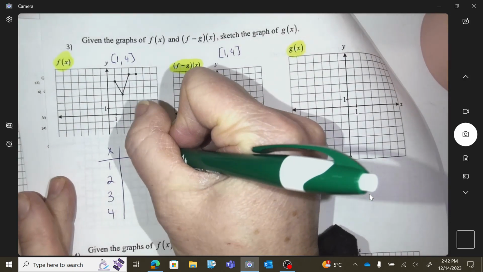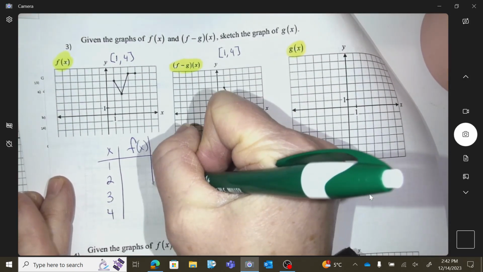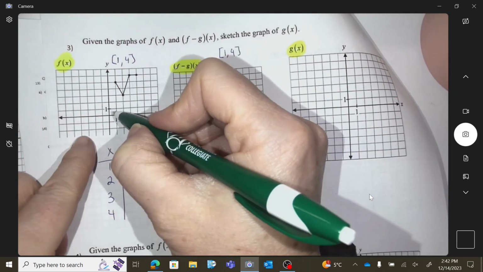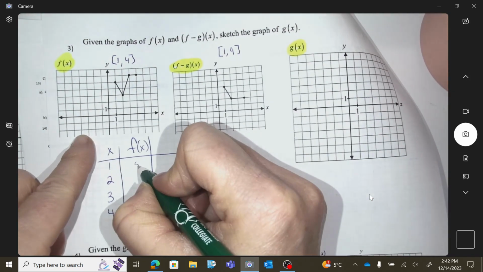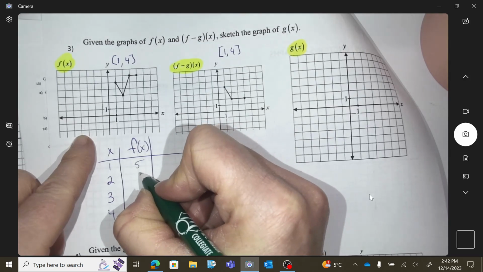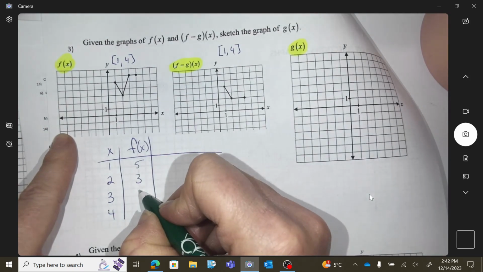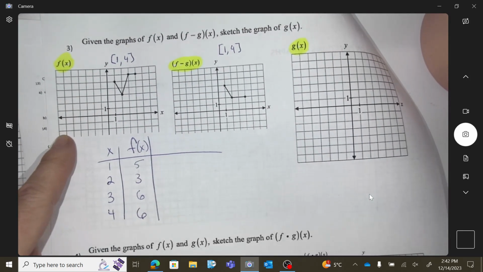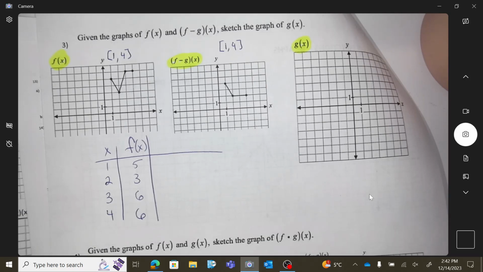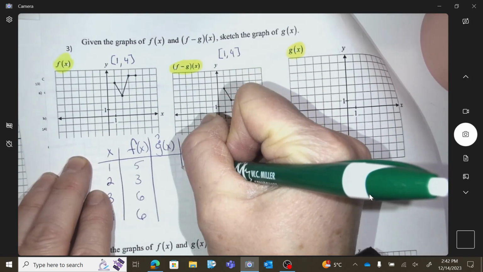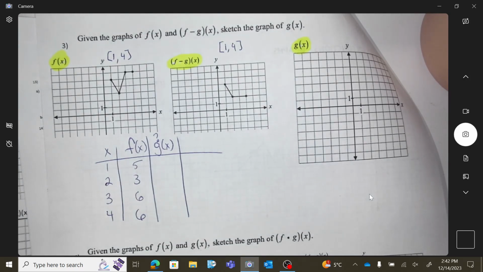Okay, so I'm going to talk about what is f of x. So then I'm going to go 1, 2, 3, 4, 5. The height is 5. Then 3. Then 6. Then 6. Good with that? Where I'm finding that? The heights? Then I'm going to write, well, what is the g of x? Question mark. Just leave it blank.